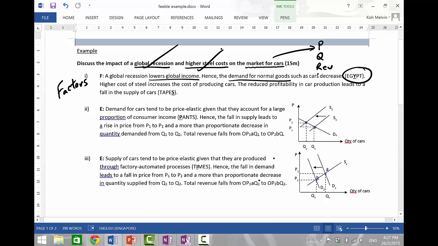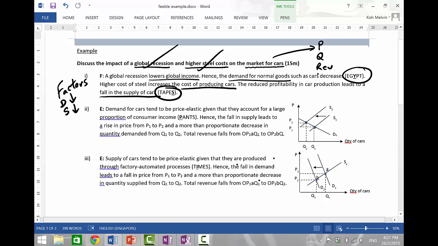When the cost of steel rises, the cost of producing cars will increase, and this results in a fall in the supply. Similarly, TAPES is an acronym that I use to denote factors that affect supply. So factors, we are done. Here, demand falls for normal goods while supply falls.